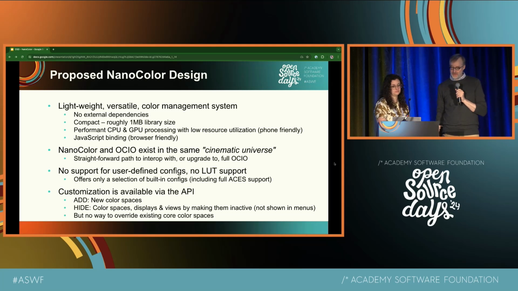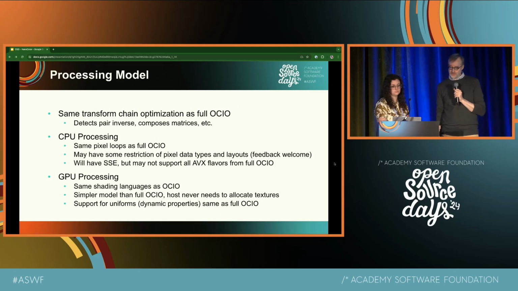And we've introduced some limitations in order to meet these goals that we're going to talk more about in the coming slides. But the main one is that there's no support for user-defined configs or LUTs. That said, there is the ability for applications that want to customize the behavior by adding custom color spaces.